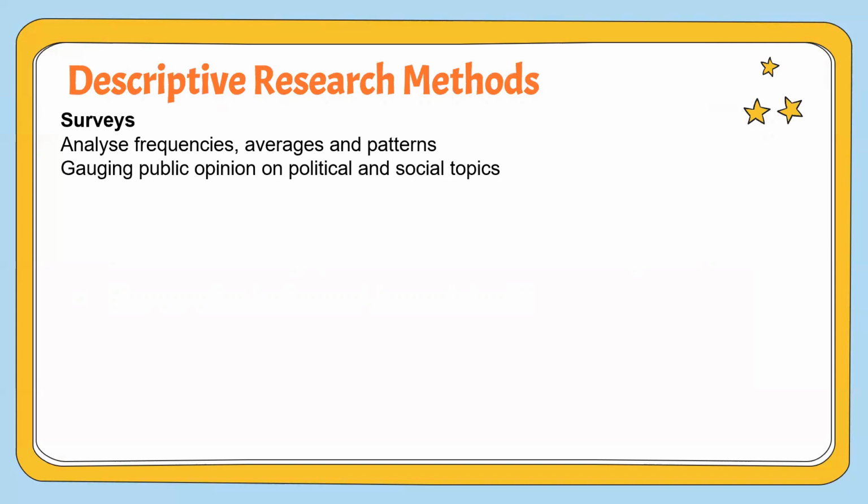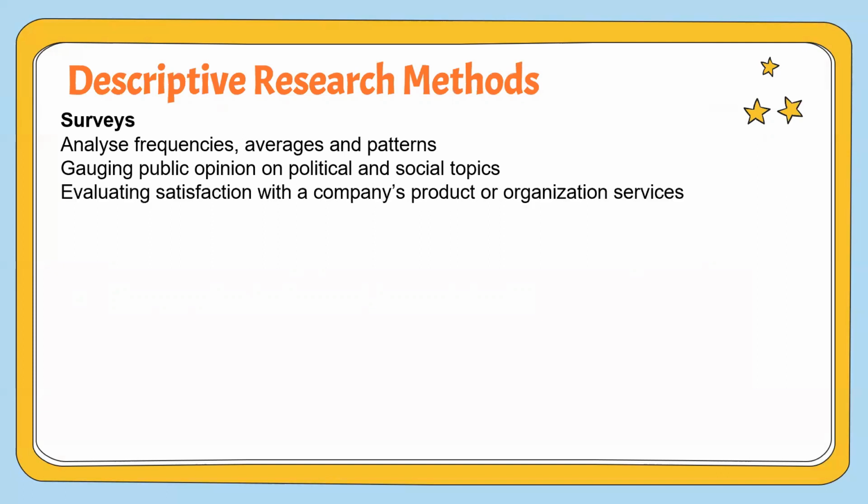And then we can actually use surveys in order to analyze the public opinion on political and social topics, or evaluate the satisfaction of the customers with the company's product or organization services, and of course describe the demographics of a country or region.